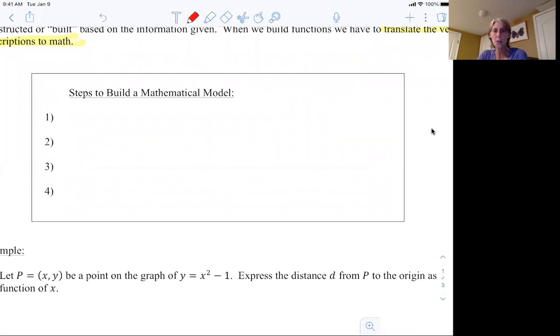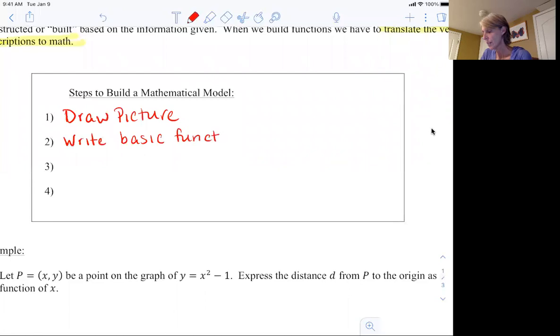The basic steps to building a math model. Okay, if we need to, we're going to draw a picture. Sometimes the picture is given, sometimes you have to come up with it yourself. So that's just based on the problem. Then we're going to write our basic function. Let's say we're doing the area of something. We're going to take our 4th grade function, what your teacher taught you. Area equals base times height or length times width, however you want to write it down.